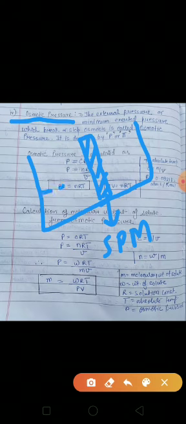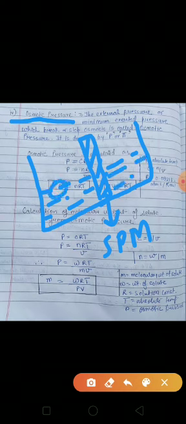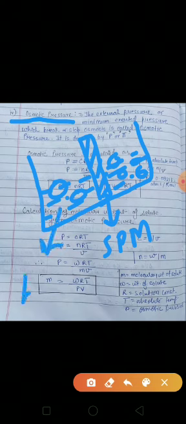Suppose here is a solution and here is the other solution. Here are two solute particles and here there are four solute particles. So its concentration is low and its concentration is high.